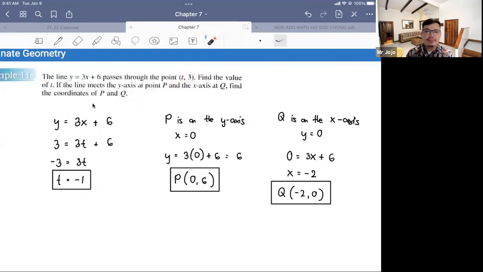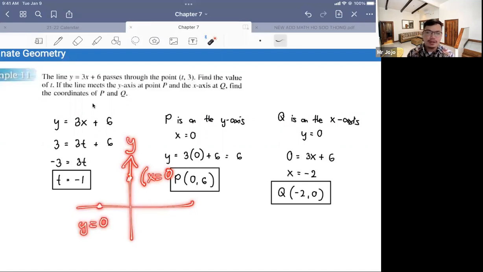Now, if this line meets the y-axis at point P and x-axis at Q, find the coordinates of P and Q. Again, just like what I said from our homework, if your point is lying on the y-axis, x there is equal to 0. And if your point is on the x-axis, the y value of that point is 0.